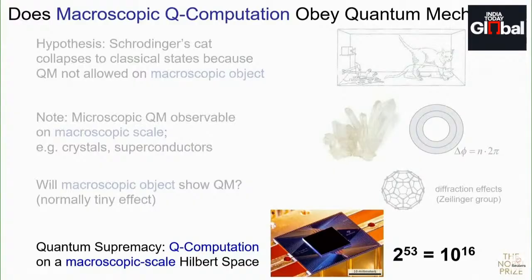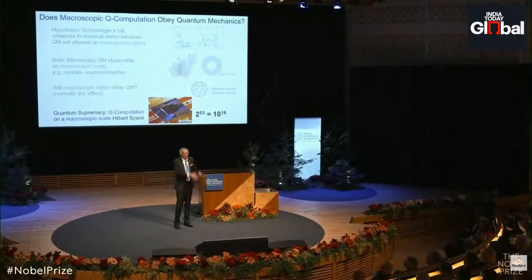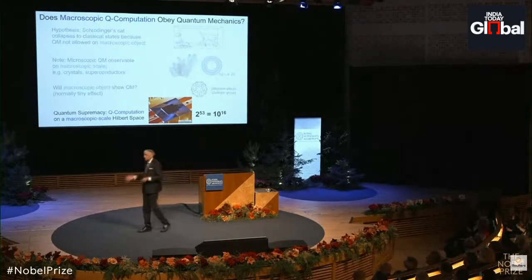And what was interesting here is the power of this circuit comes from using a very large computational space. It's something physicists call Hilbert space, which is about 2 to the 53, so it's about 10 to the 16 states. So, in analogy to my thesis experiment, this was showing that macroscopic quantum computation also works based on quantum mechanics.